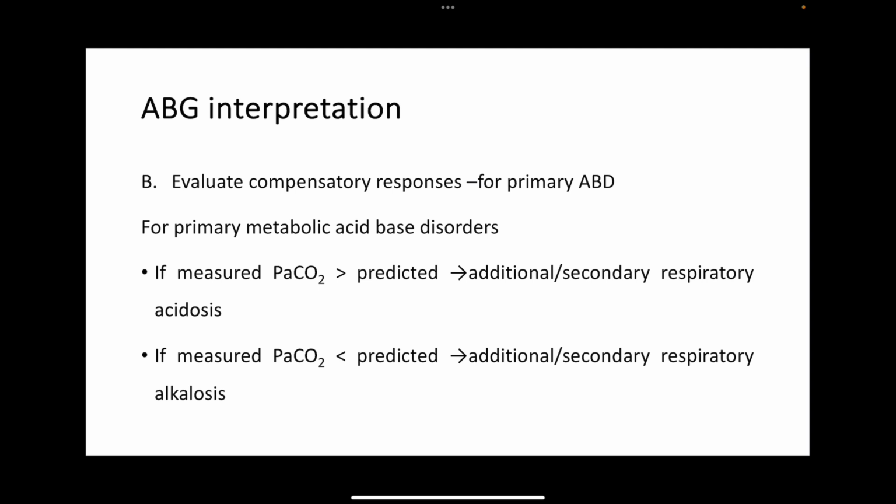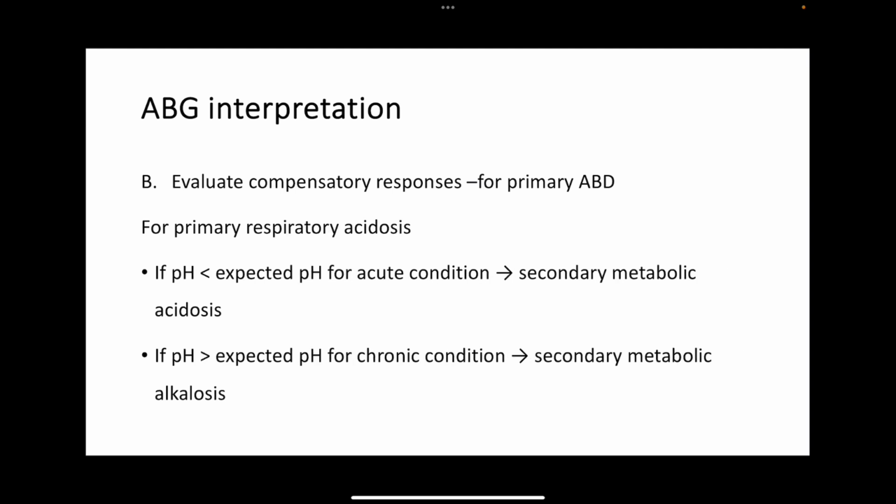The next thing to do is evaluate compensatory responses for the primary acid-base disorder. For primary metabolic acid-base disorders, if the measured PaCO2 is more than predicted, it indicates an additional or secondary respiratory acidosis. If the measured PaCO2 is less than predicted, it indicates an additional or secondary respiratory alkalosis. For primary respiratory acidosis, if pH is less than expected pH for an acute condition, it indicates a secondary metabolic acidosis.